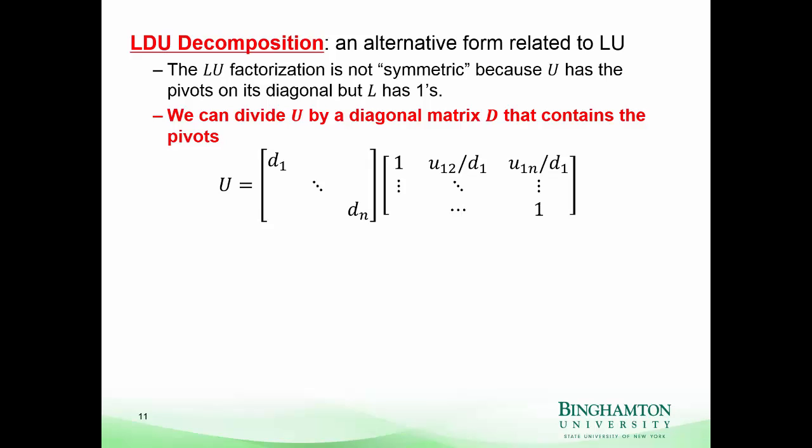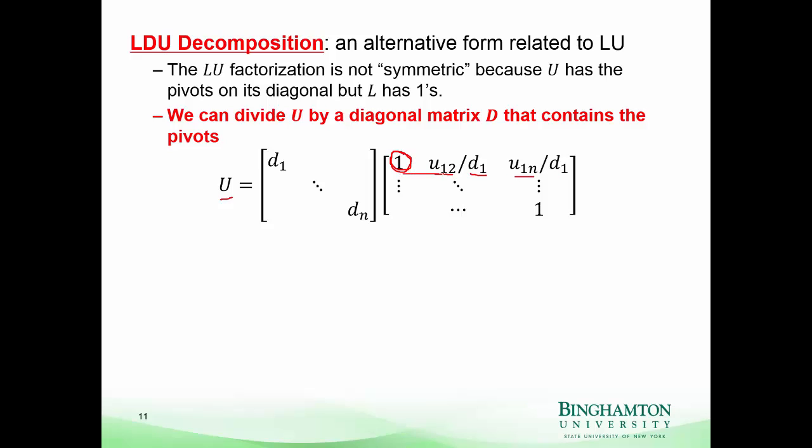So what we can do is decompose U into, well, we're dividing by this number here, and so that makes that first element 1. Then we take U12 and divide it by D1, which remember was the element that was here. So it's the 1 element of the original U, and so on.